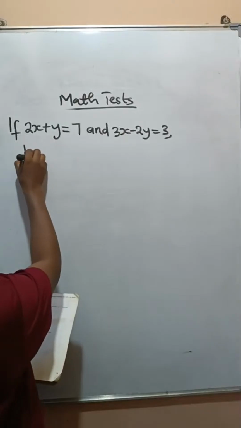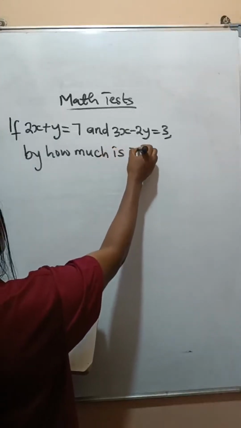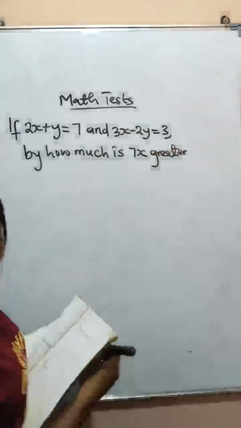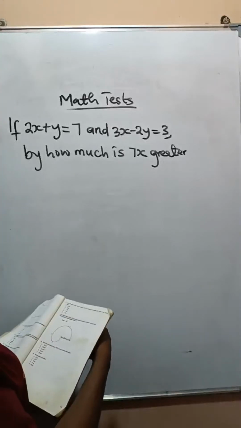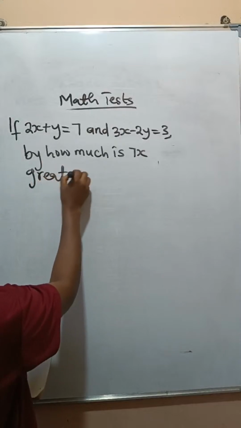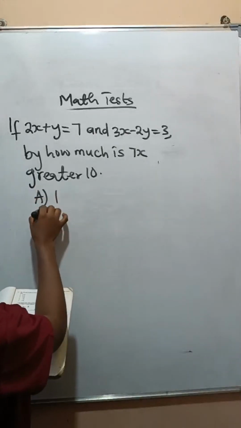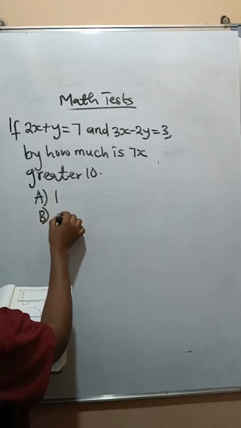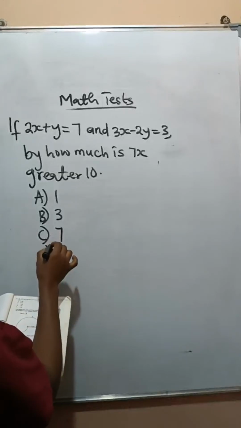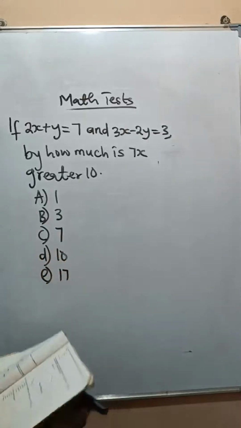The question says, by how much is 7x greater than 10? Option A is 1. Option B is 3. Option C is 7. Option D is 10. Option E is 17.